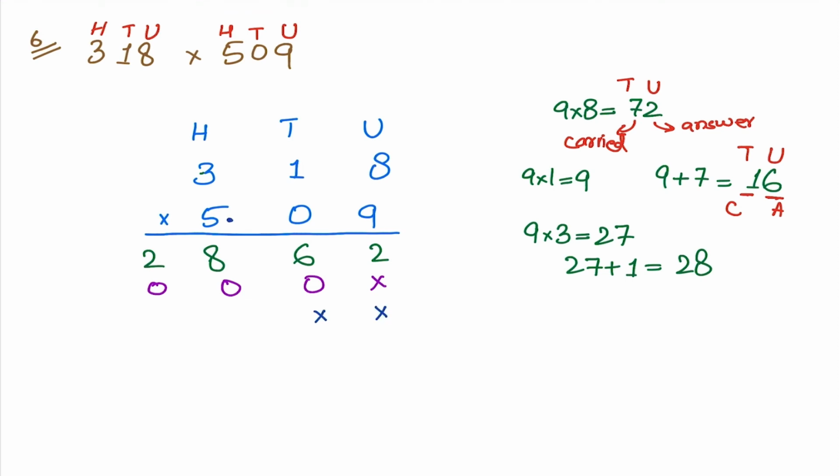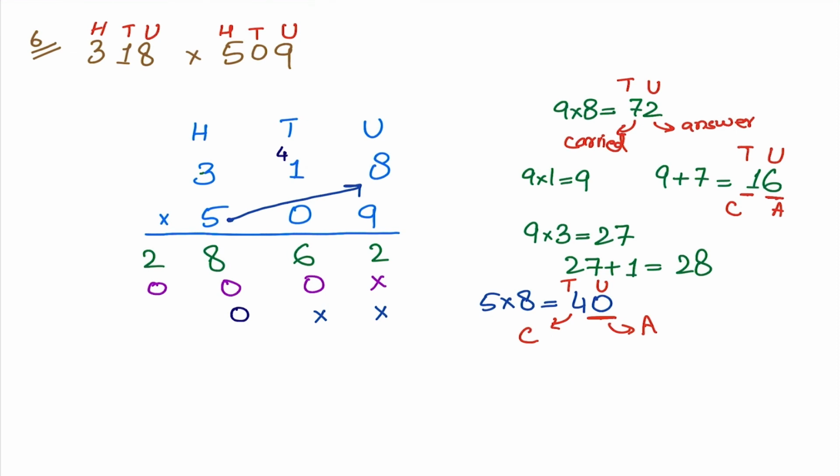Now we will multiply 5 with 8. So 5 times 8 is 40. We have units and tens. The units digit goes to the answer space and 4 will be carried. So we will write 0 here and 4 will be carried on to the tens place value.